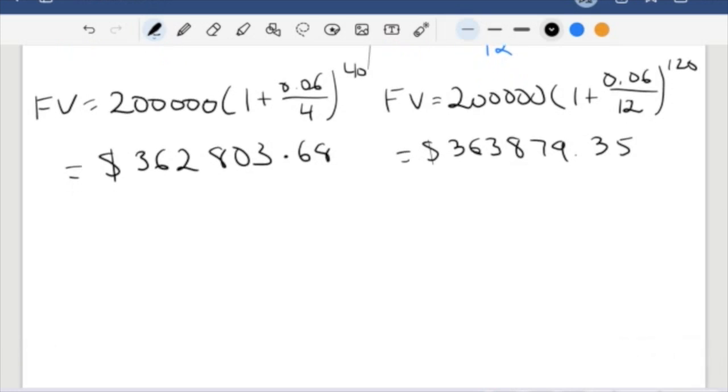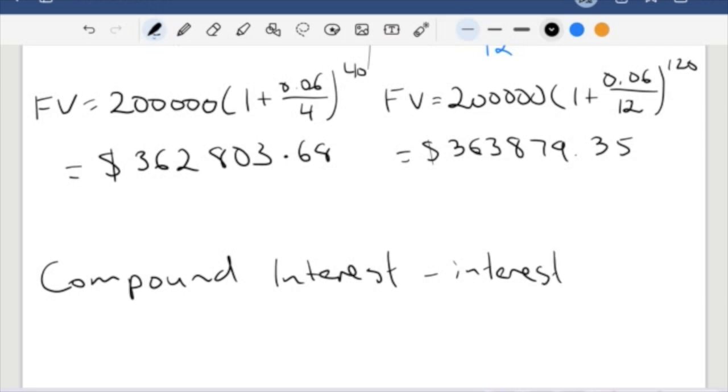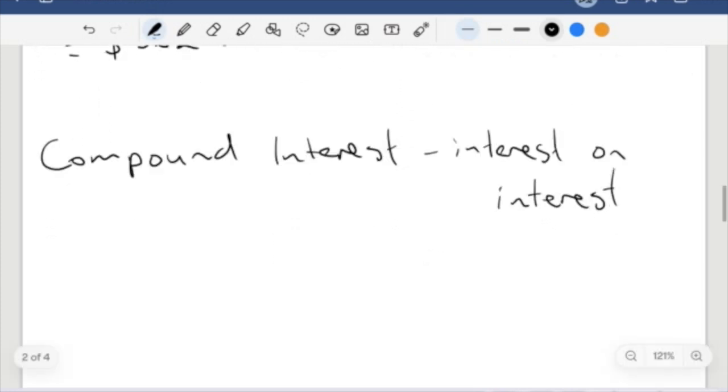Now, to understand what's happening here, we need to think back to the definition of compound interest. The easiest definition, the layman's definition I like to think of, is interest on interest. So interest on top of interest.